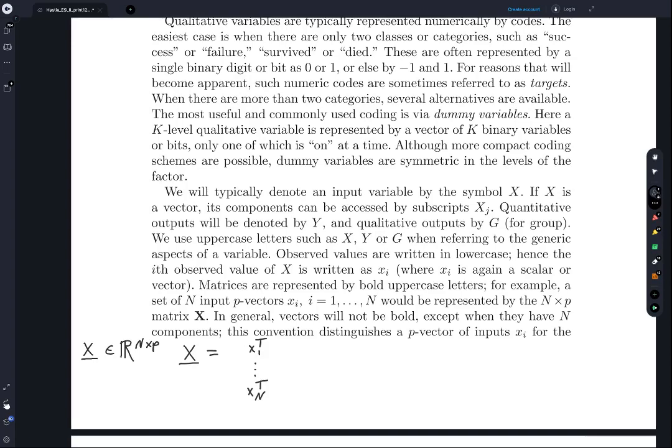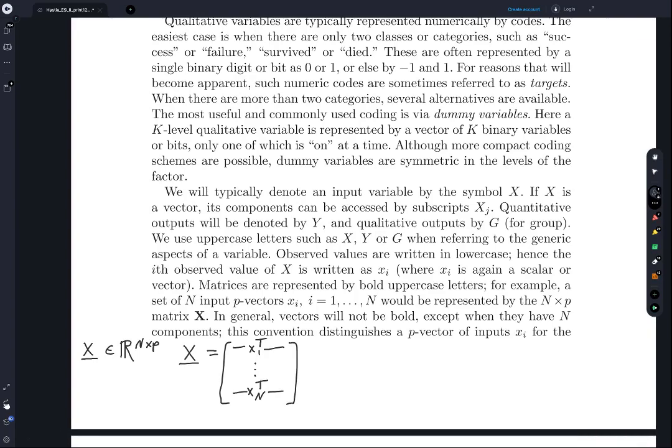And so I'm going to put these lines here to represent that each of these xi's, or xi transposes, is a row. It is a row of length p, and there are capital N of them.